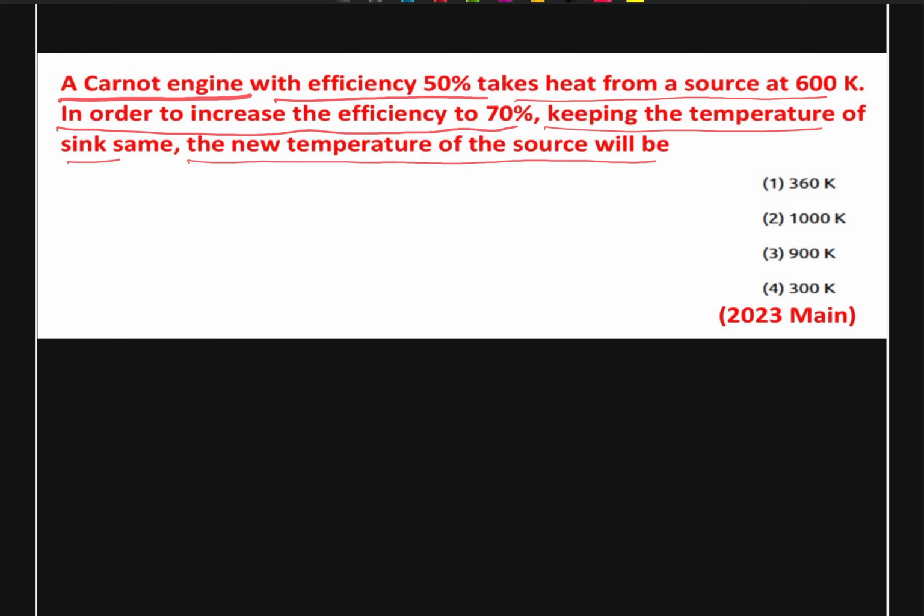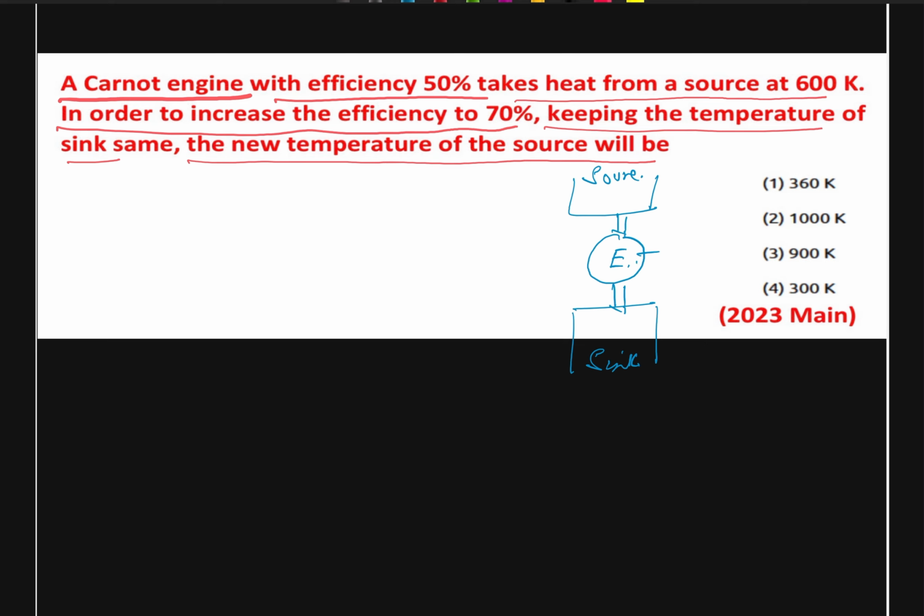So we can just draw an approximate figure for our Carnot engine. This is our source, and the engine, and on the other side we are going to have a sink. Sometimes it is called a reservoir.